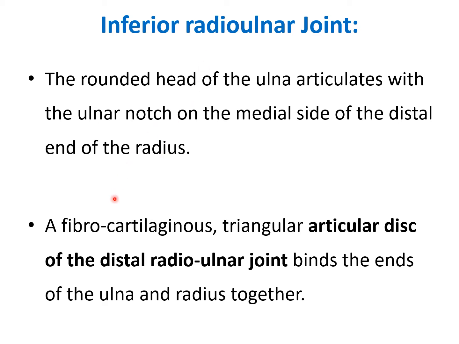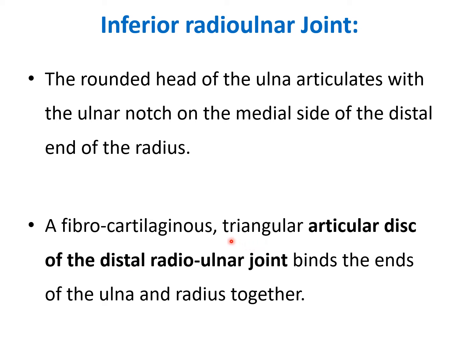Now, an exceptional structure which is present in the inferior radioulnar joint is a fibrocartilaginous triangular articular disc, which is also known as the triangular ligament of the inferior radioulnar joint.